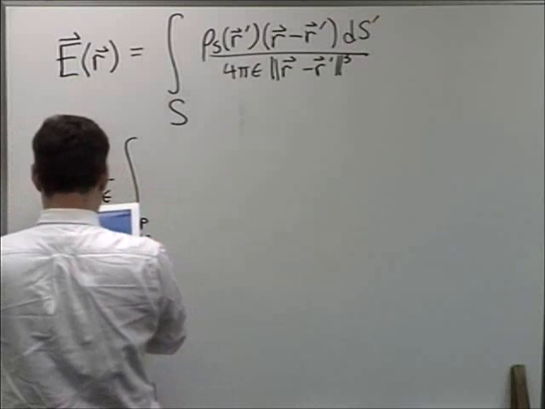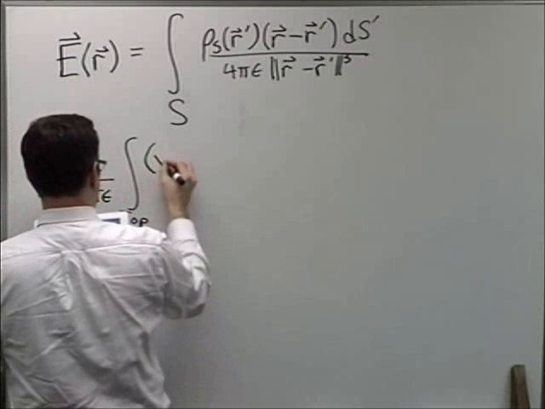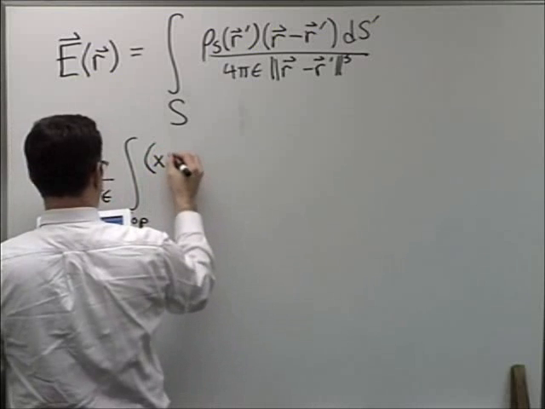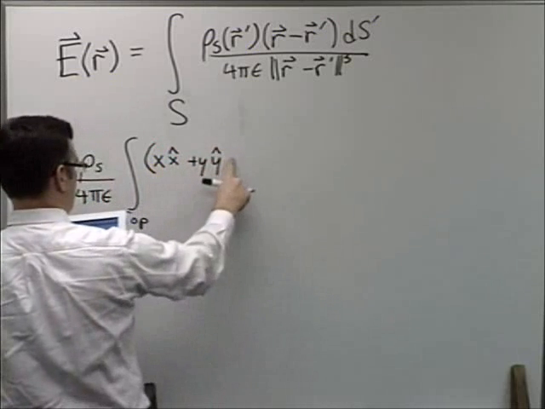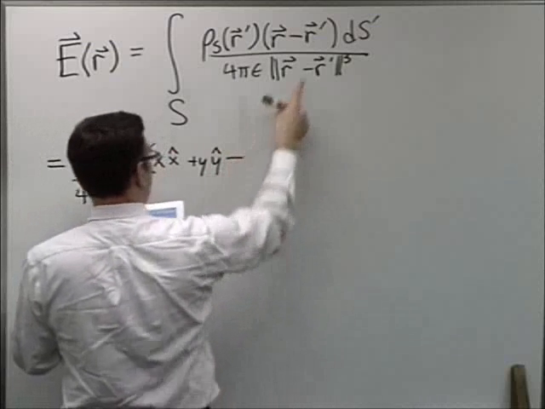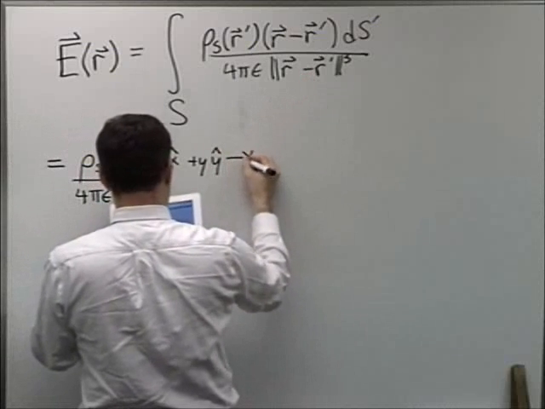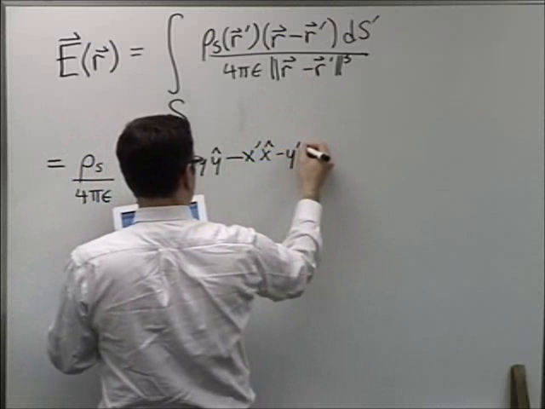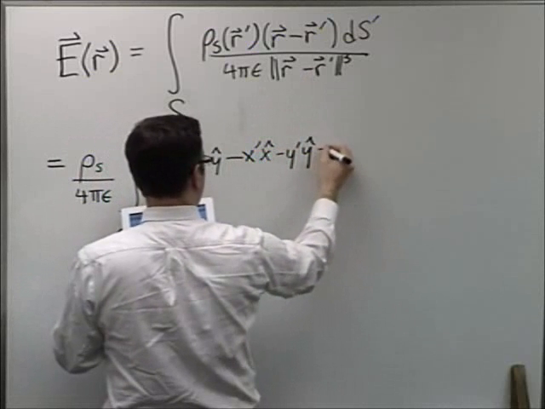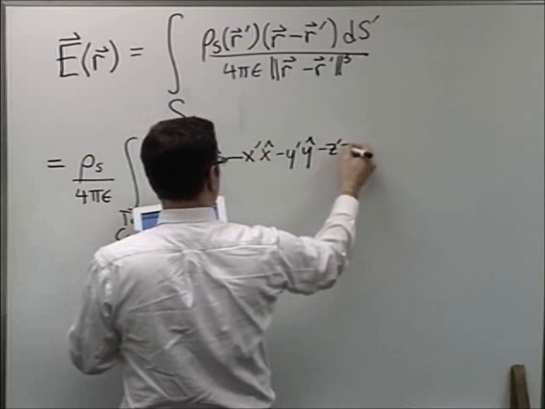And let's see, I'm going to have x, stick it on the x hat, y, stick it on the y hat, no z component, and my variable of integration is going to be x prime, stick it on the x hat, minus y prime, stick it on the y hat, minus z prime, stick it on the z hat.